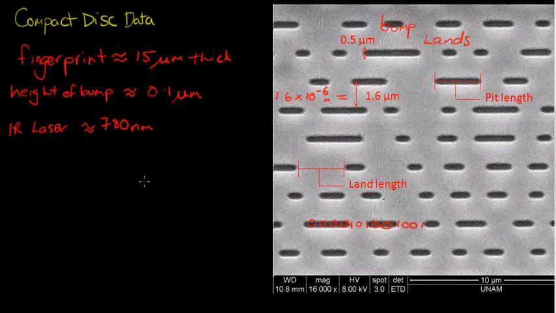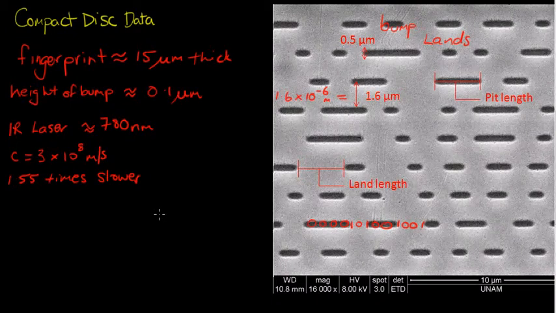Now remember earlier in the video I said that the polycarbonate plastic layer is the medium through which the laser travels in order to read these bumps. We know that the speed of light, c, is equal to approximately 3 by 10 to the 8 meters per second. That's the speed of light in a vacuum, or approximately for air. Moving through the polycarbonate plastic layer, which has a refractive index of 1.55, it's 1.55 times slower.